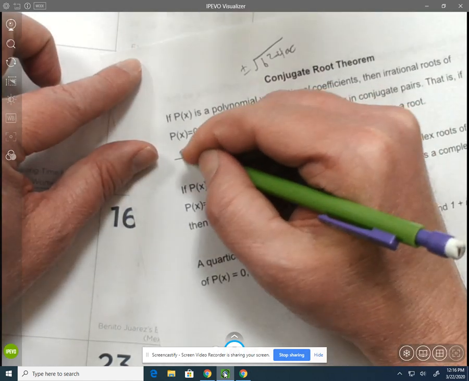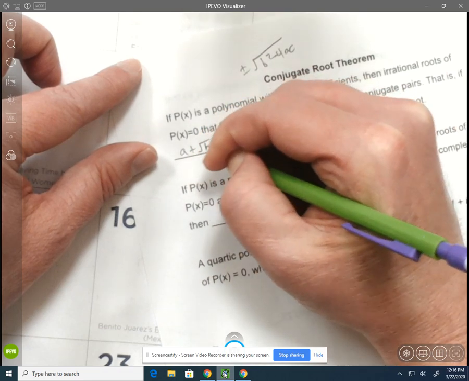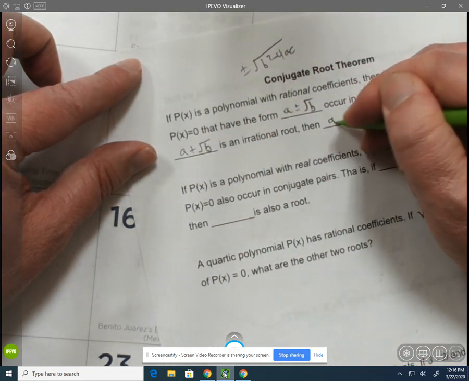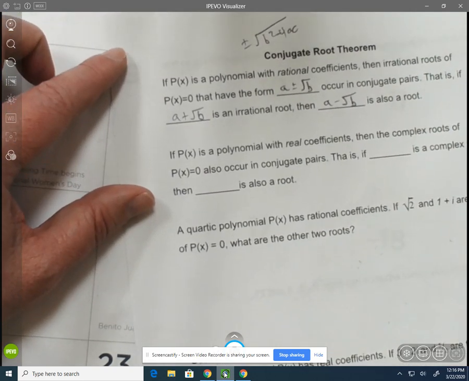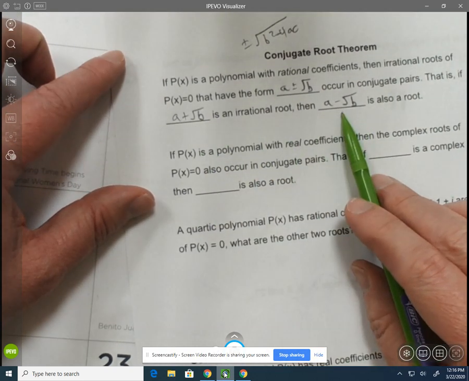That means if you know that a plus the square root of b is an irrational root, then a minus the square root of b is also a root. So if you know you've got this one, you know it also has its partner.